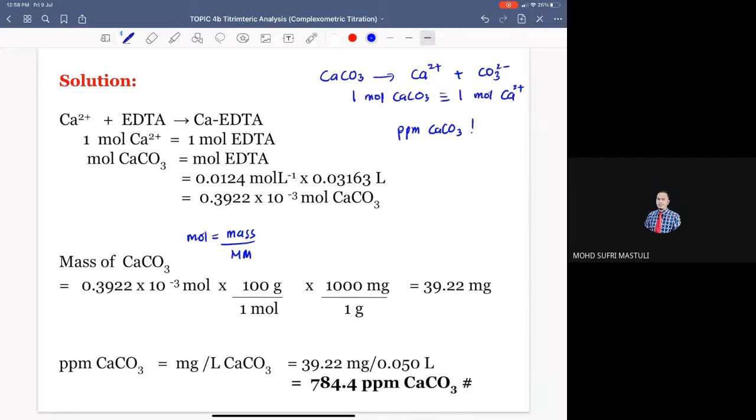So here, 0.3922 times 10 to the power minus 3 mole times the molar mass, which is 100 gram per mole.